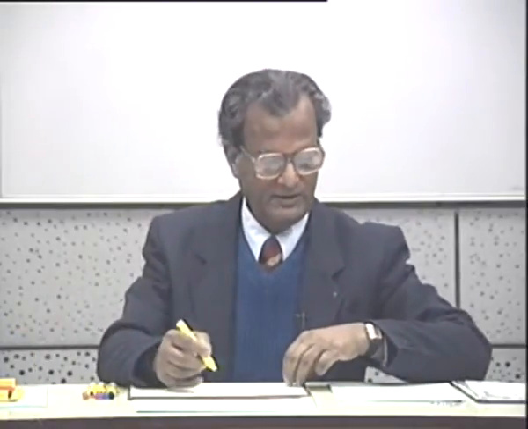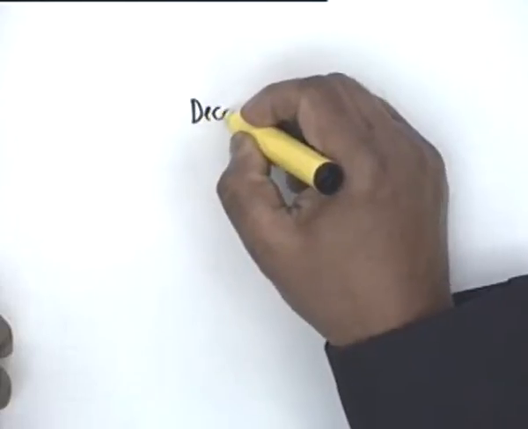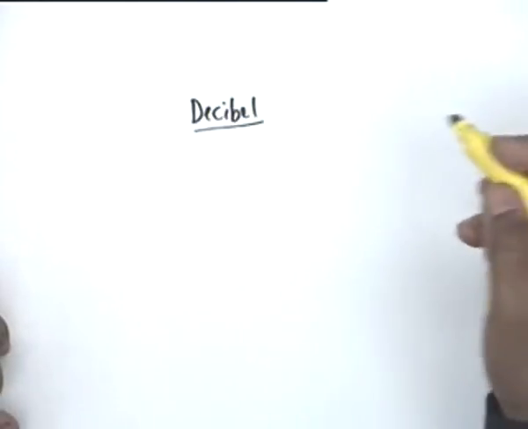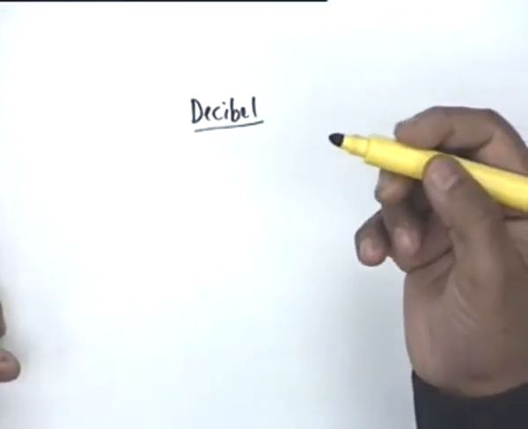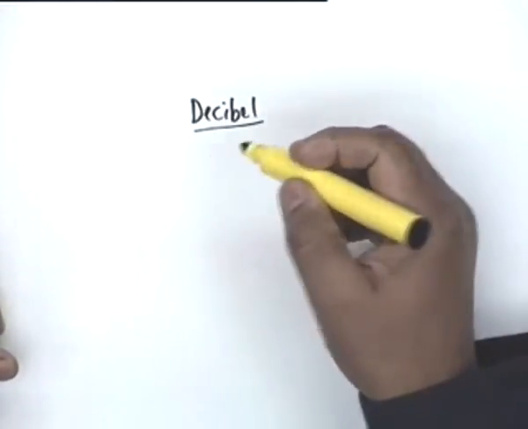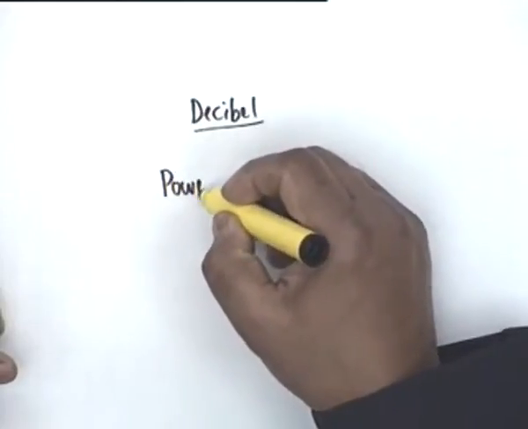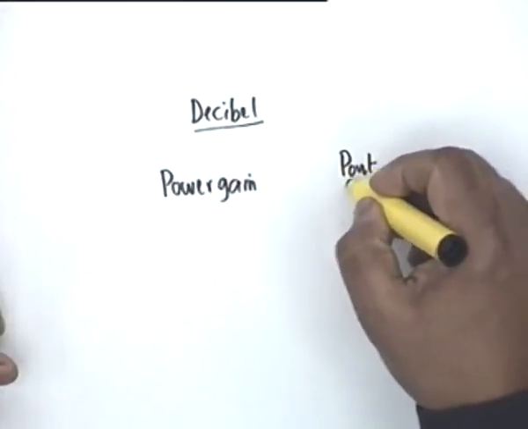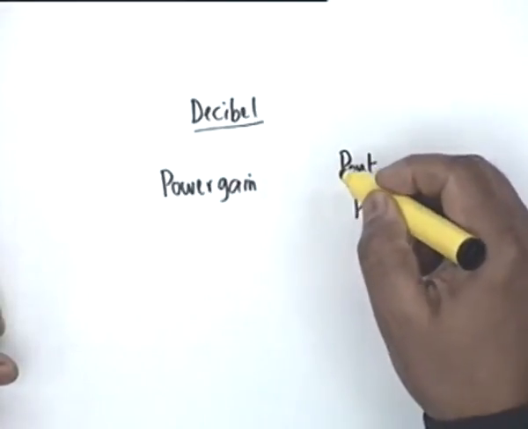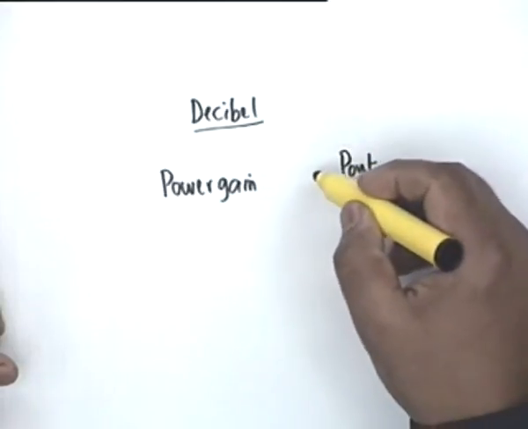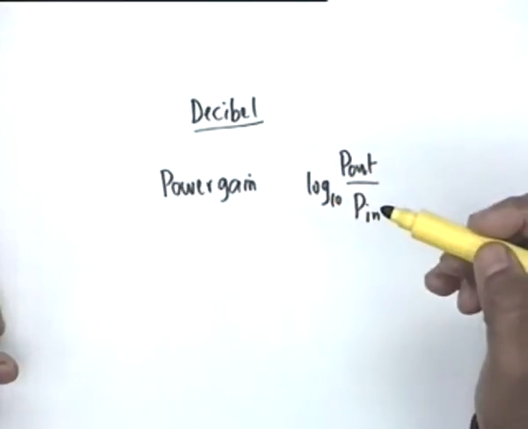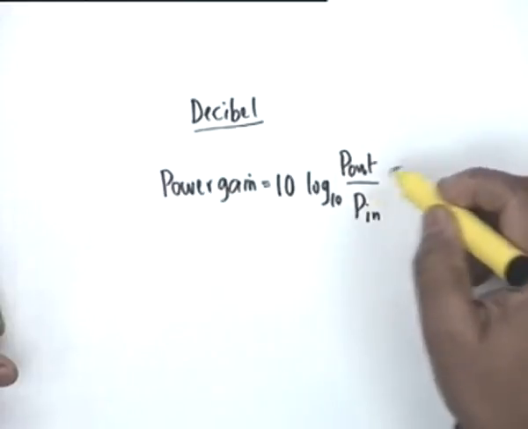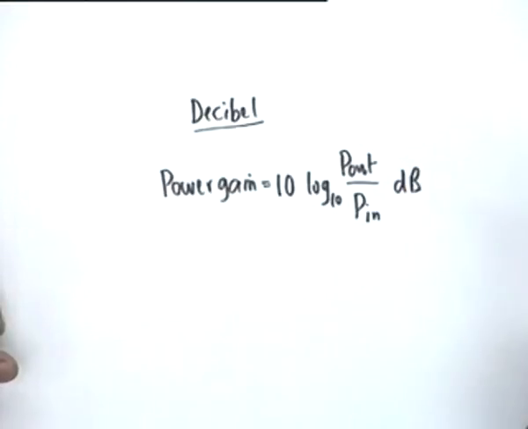In the process we bring in the concept of a decibel, which I am sure you have been introduced to, but it is usual to express gain in terms of decibels, and if it is power gain, then power gain ratio is P out divided by P in, and what we do in decibels is we take the log of this and multiply by 10, so many dB, D small, B capital.